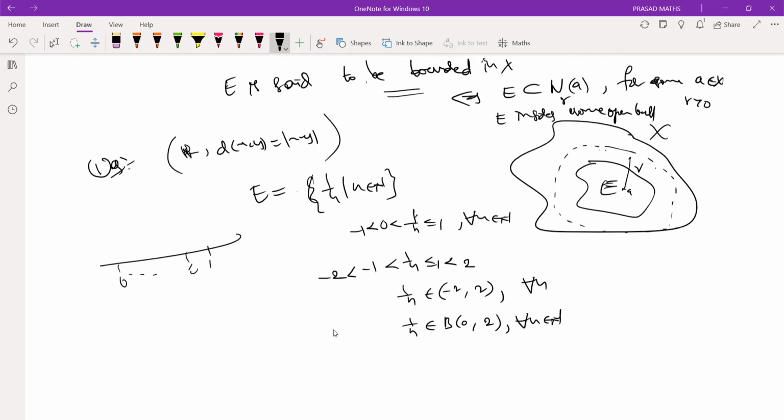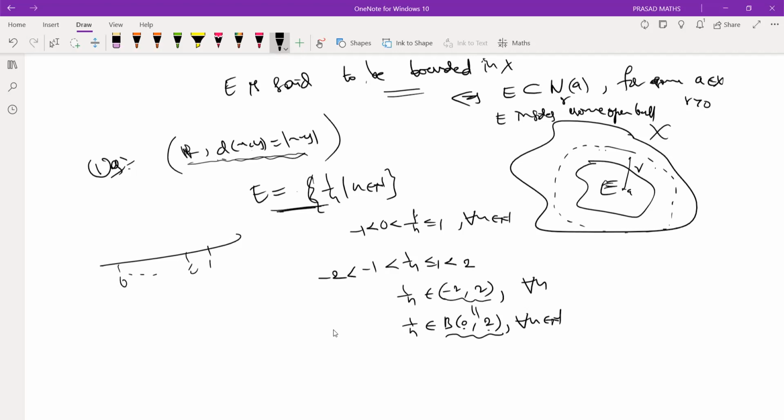That means any member of the set is contained in the ball centered at 0 with radius 2, because the ball centered at 0 with radius 2 in the usual metric is precisely (-2, 2).